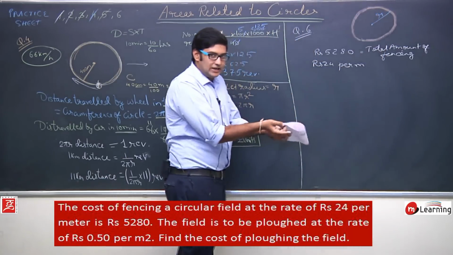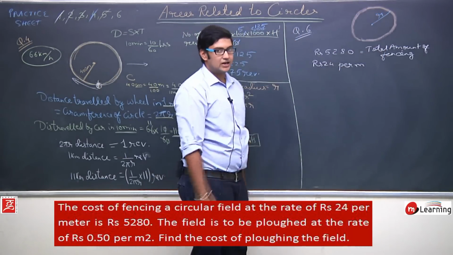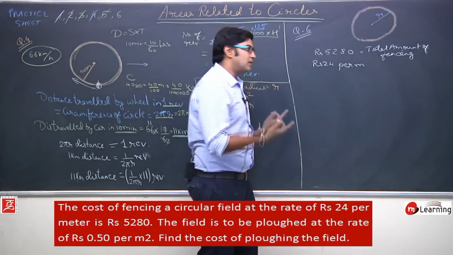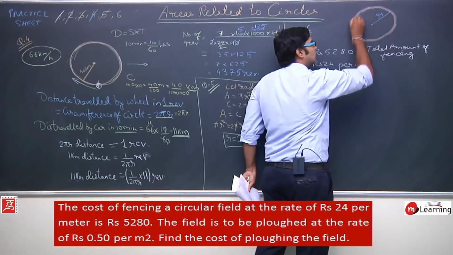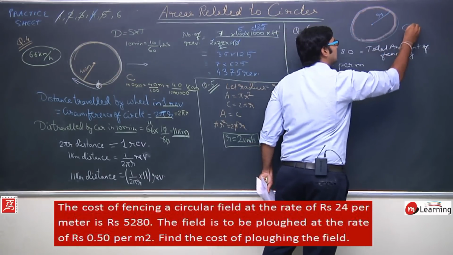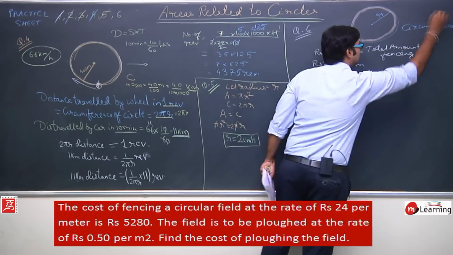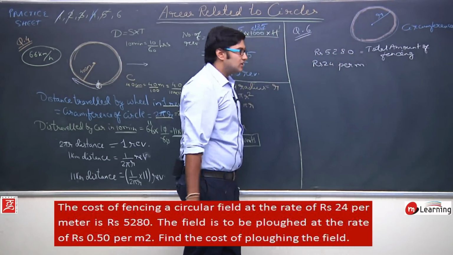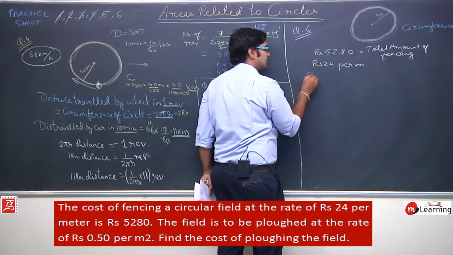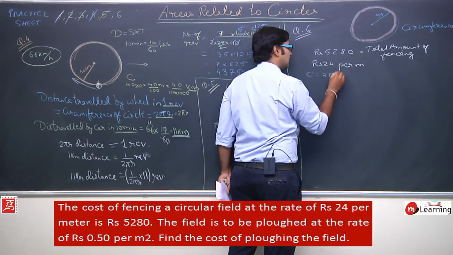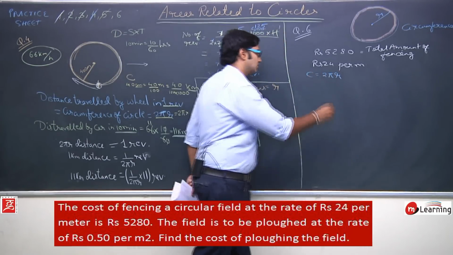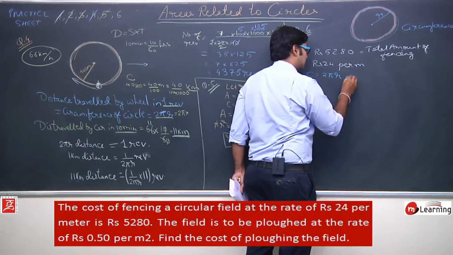Because it is a circular field, I can assume that radius is r, and we have studied previously that the length of this boundary is basically the circumference. The length of boundary means circumference. Now, what is the circumference of this circle? Circumference is equal to 2 pi r meters.